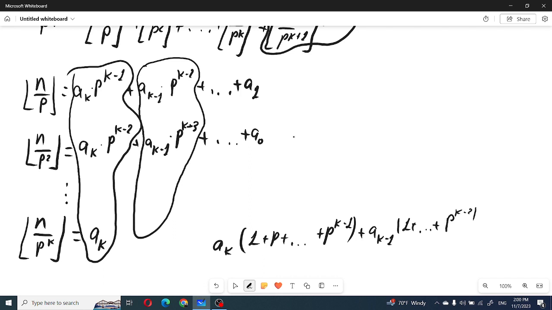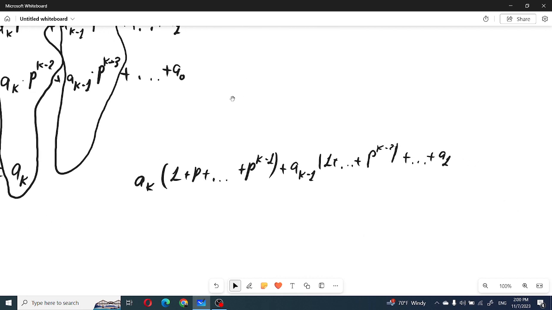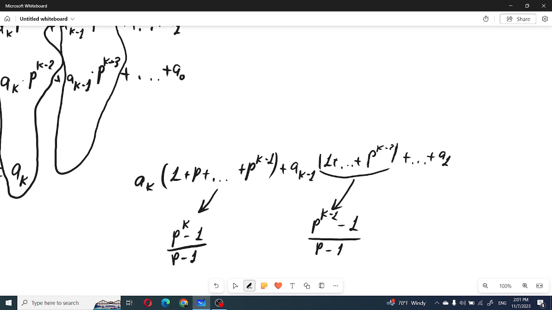For the last one, for a1, we will have only a1. Clearly this number equals p to the k minus 1 over p minus 1, because this is a geometric progression, and so on.